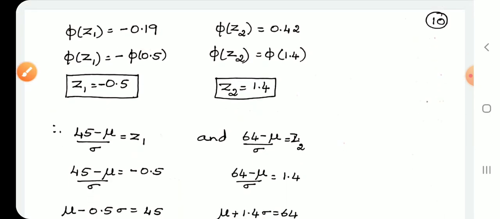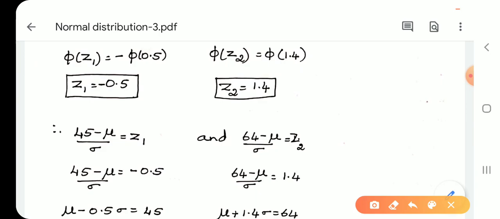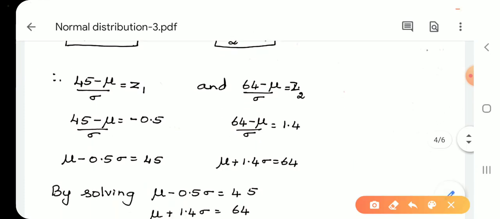Now our aim is to find mu and sigma. So we will substitute the values Z1 and Z2 in the standard normal variate. That is, 45 minus mu by sigma is minus 0.5, and 64 minus mu by sigma is equal to 1.4.